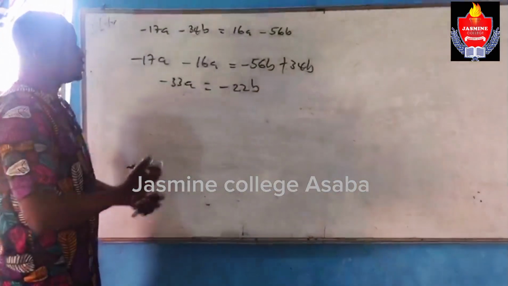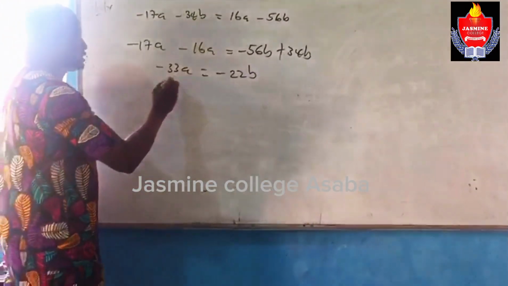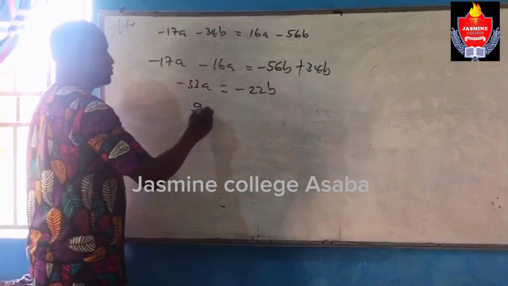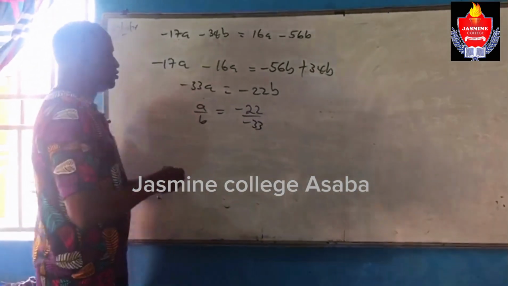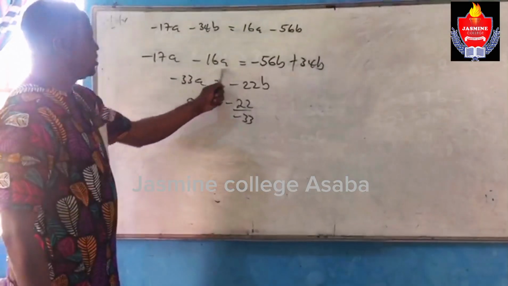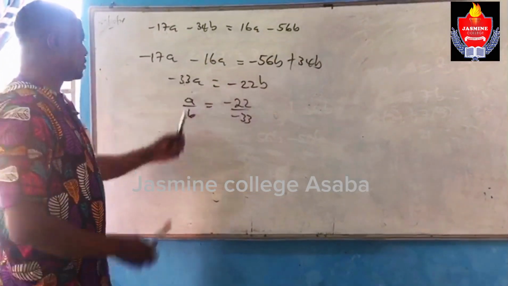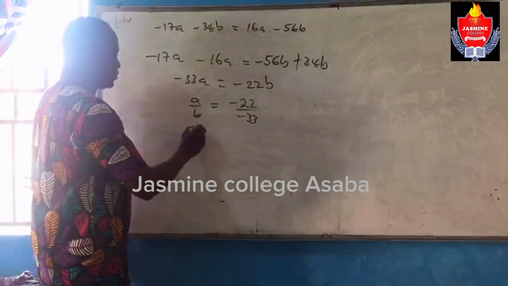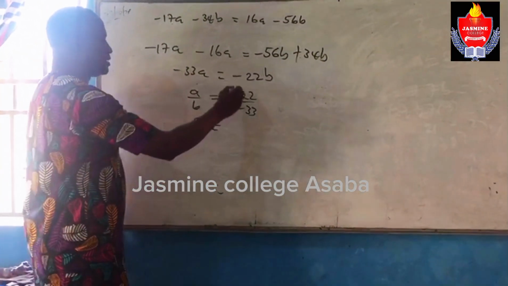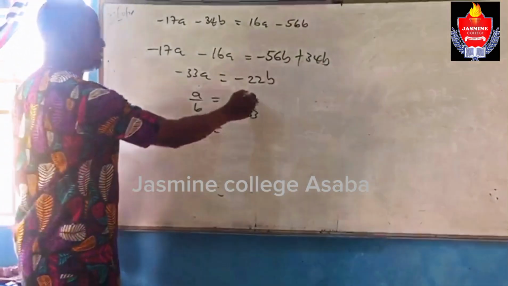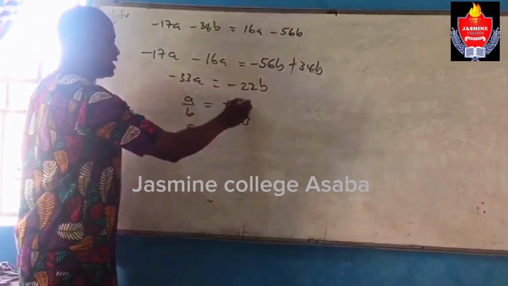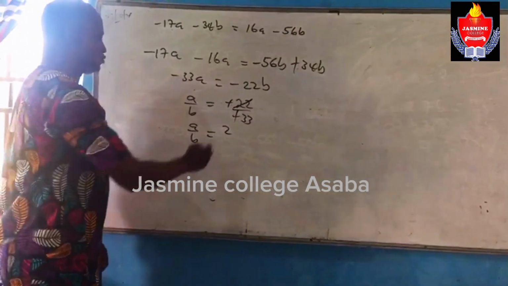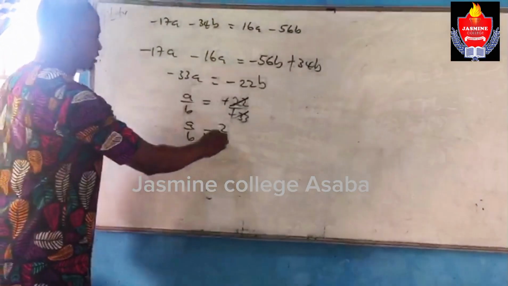Then as usual, you do your skewness of variables, which has to be that we are doing A over B, equals minus 22 over minus 33. Don't forget the procedure. You go A over B and then minus 22 over minus 33. So A over B, from here minus will be cancelling out, and then 22 and 33, the number that can go through both is 11. So 11 goes into 22 twice, 11 goes into 33 3 times.